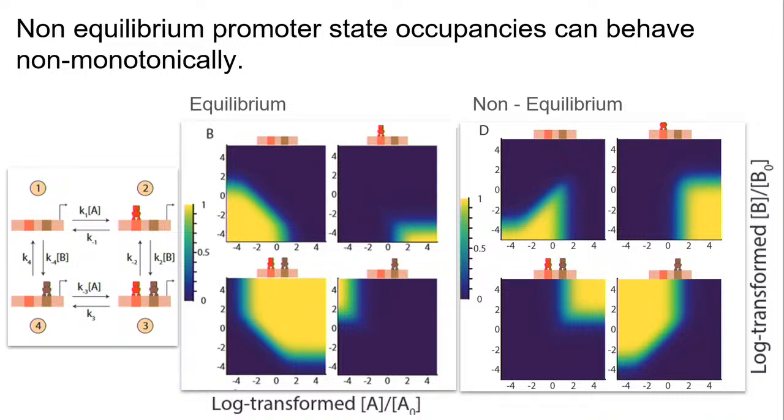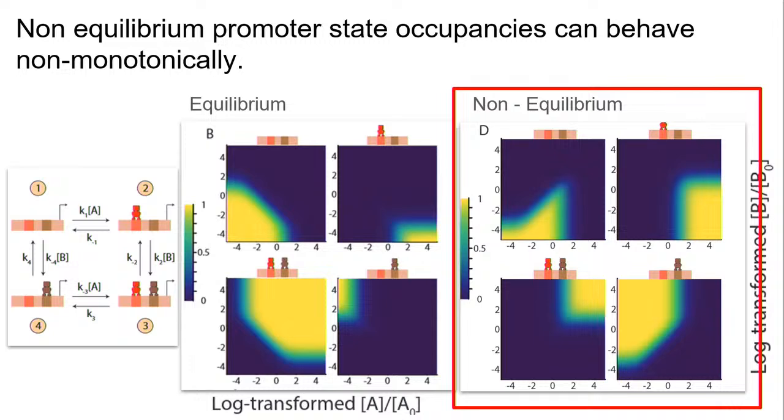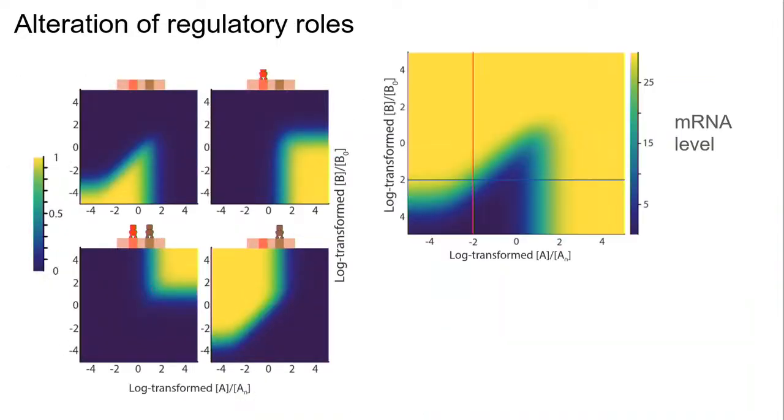But when you move out of equilibrium, what you'll notice is that these occupancy profiles can look non-monotonic. And this has interesting implications. So for example, we'll take this profile, and now we'll look at the mRNA production.